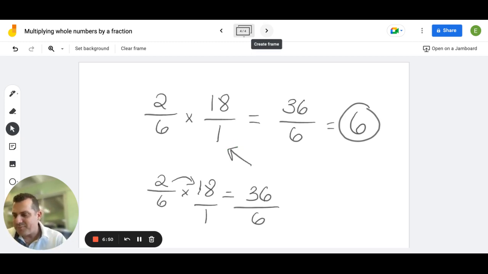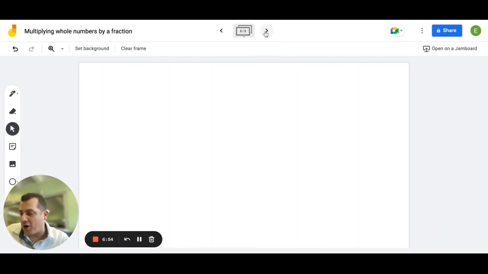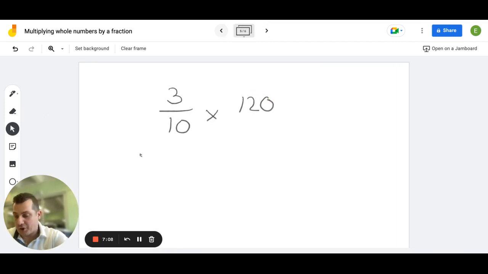Okay. Now, the last one here is a larger number, so I do want to show you. 3/10 times 120. Okay? So we have 3/10 times 120. Now here you're going to see this is a bigger number, so I'm still going to put the 1 underneath my 120.